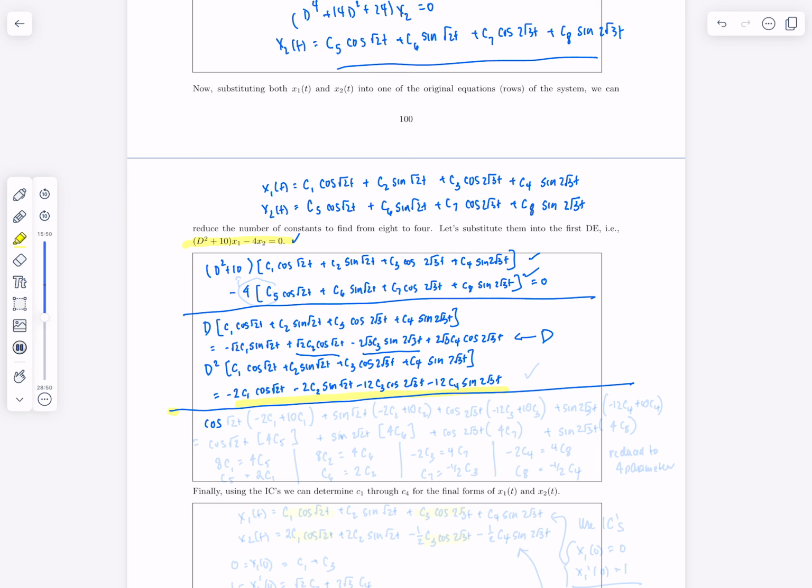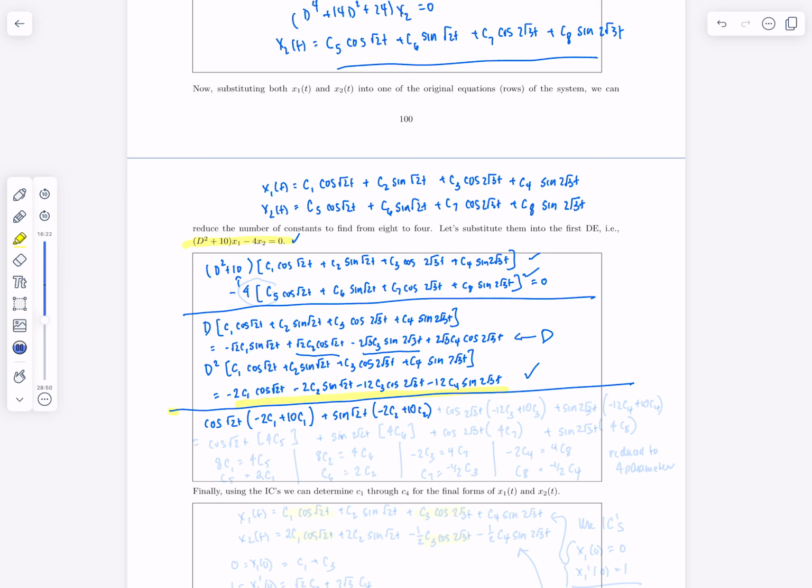Cosine square root of 2t will end up collecting terms and getting minus 2c1 plus 10 times c1. Where does the 10 come through? Right here, because you're going to end up multiplying 10 times each one of those terms, right? We already have what the second derivative does to it. Continuing on, we'll get plus sine square root of 2t times the quantity minus 2c2 plus 10c2.